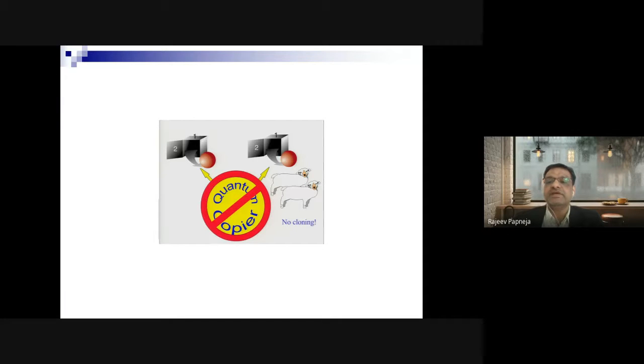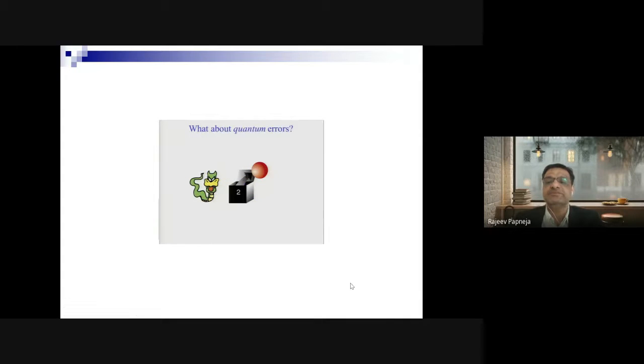And furthermore, there are more things that can go wrong with quantum information than classical information. Let's say it's a qubit, then it is possible that a dragon will open door number 1 and flip the color of the ball from red to green and then close the box again.